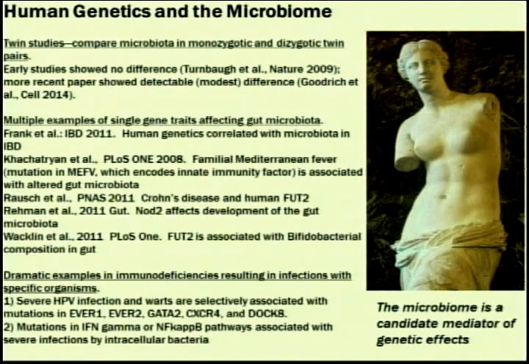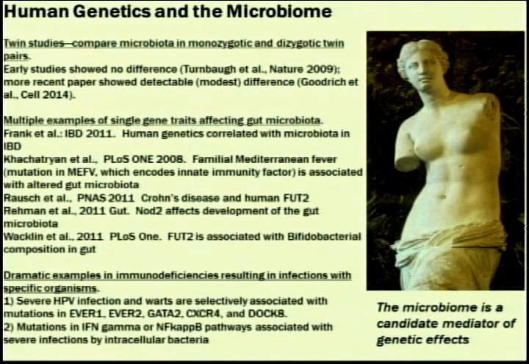In more extreme kinds of cases, it's easy to see effects of human genetic mutations, immunodeficiencies, on the microbiome. There are multiple single gene traits that can affect the microbiota. And here's a partial list of some of the genes and some of the consequences of their mutation.